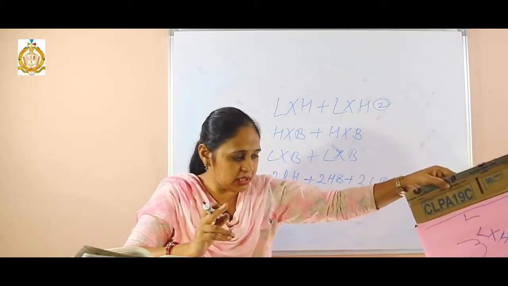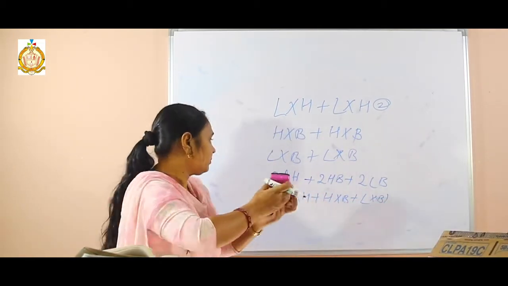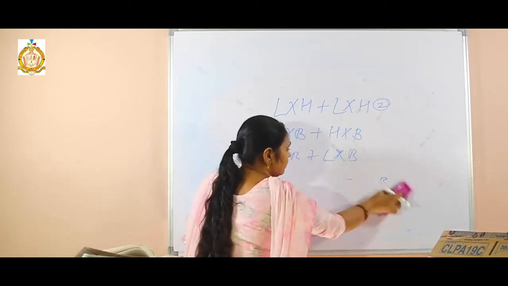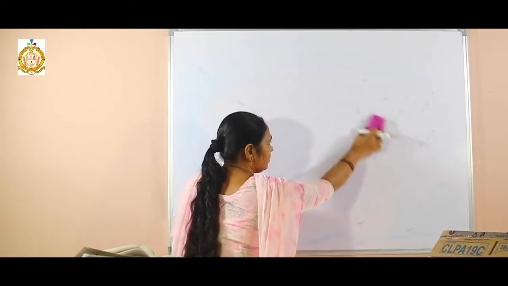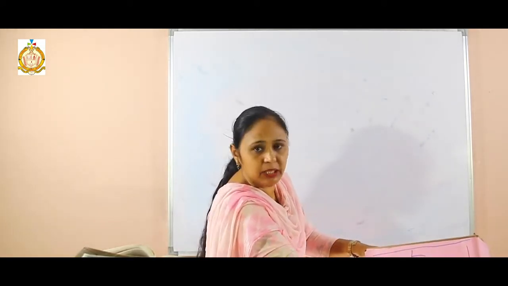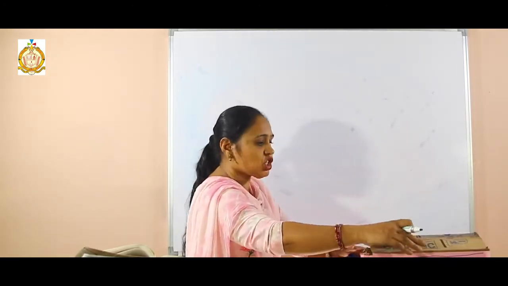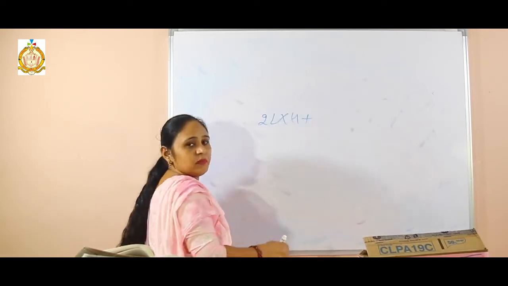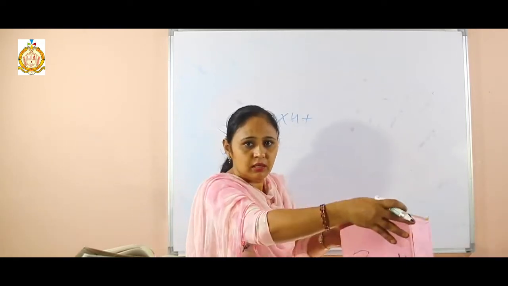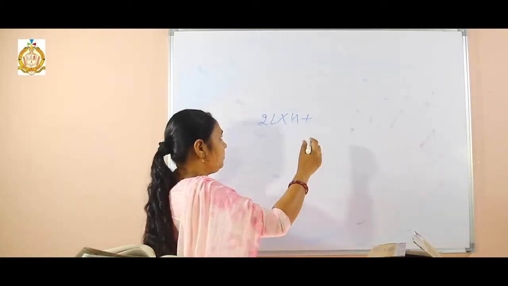In the lateral surface area, we will write it like this. See, only 4 walls are there. That means L multiply H, L multiply H, 2 times L multiply H. Then here will be the other side, H multiply B, that is also 2 times.